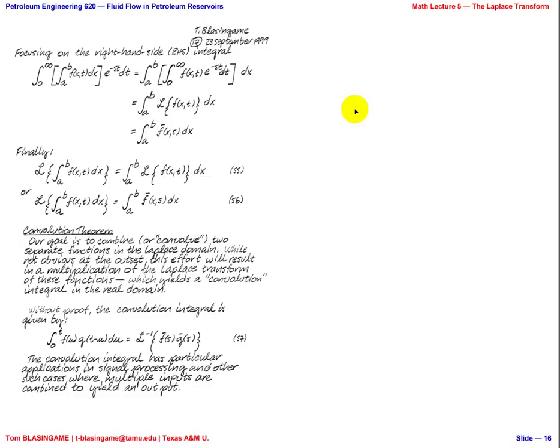The importance of this relies on Duhamel's principle.